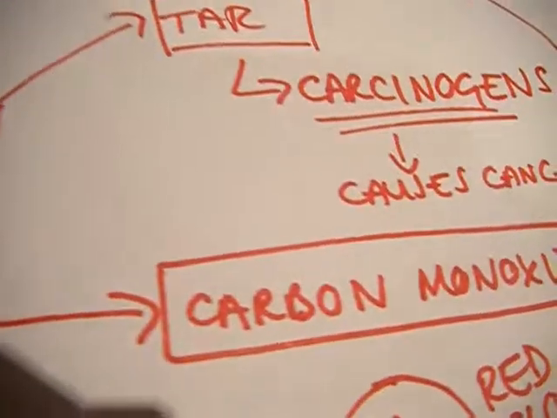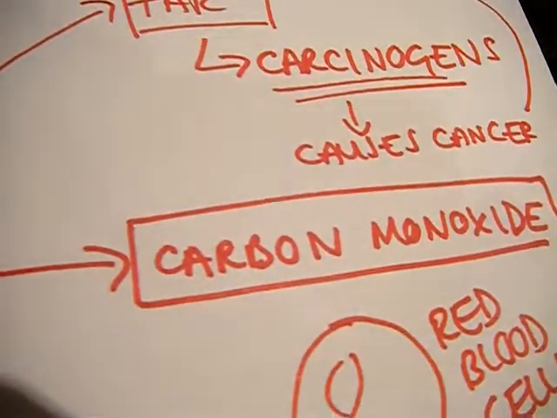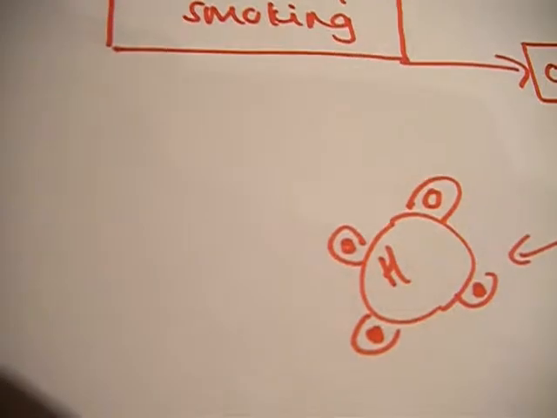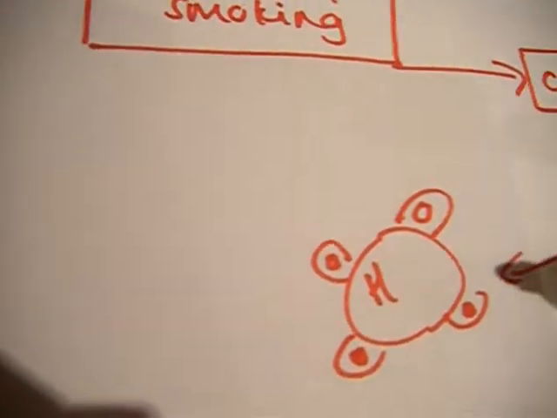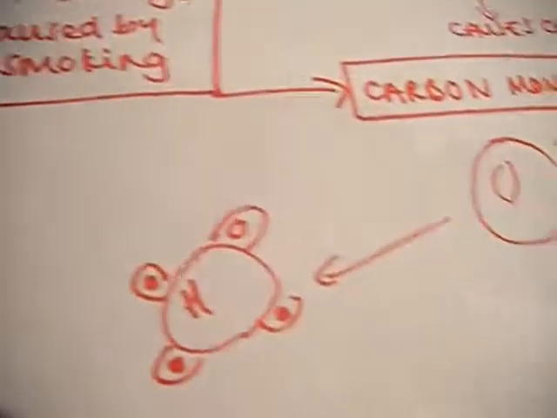But when you smoke a cigarette, the carbon monoxide in the smoke displaces some of the oxygen on the hemoglobin. So if I do black for carbon monoxide, it basically comes along and just sticks on here, like that.